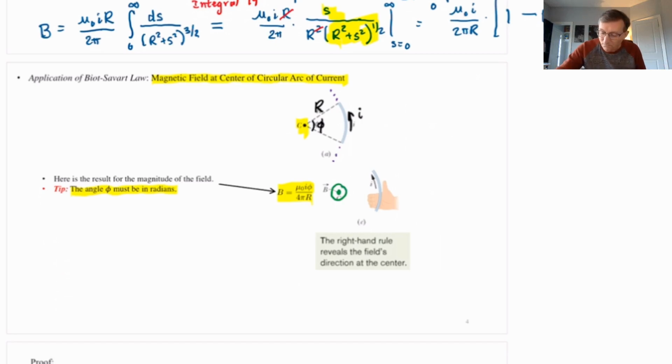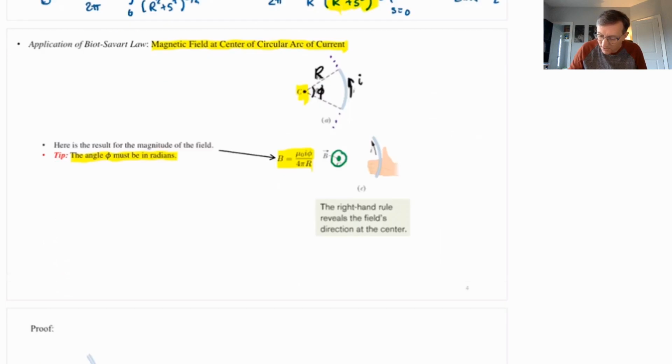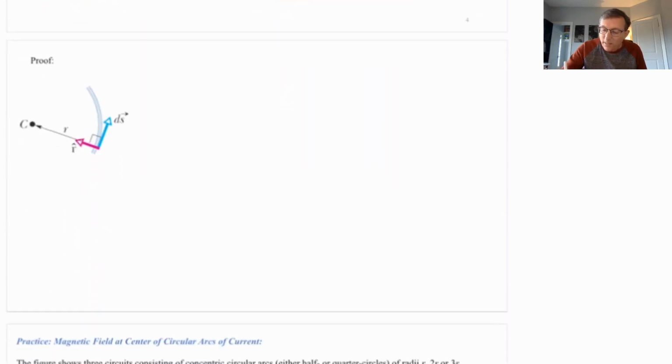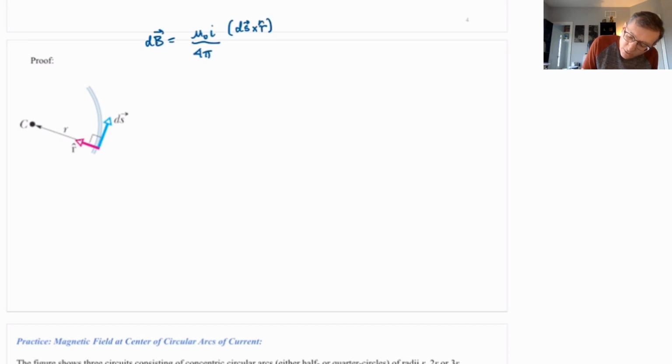Okay? All right, so how do we get that result from the magnetic field law? So we start with the expression of the magnetic field law. dB arrow equals mu0 over 4 pi times ds arrow cross r hat over r squared.